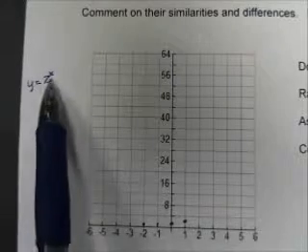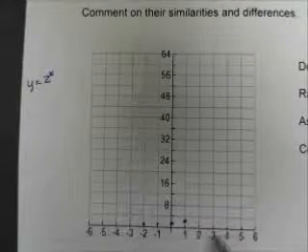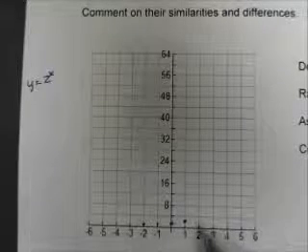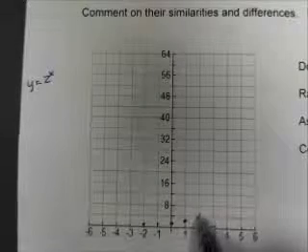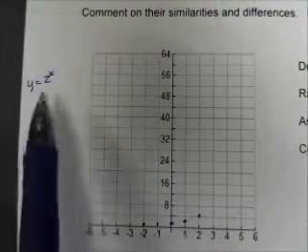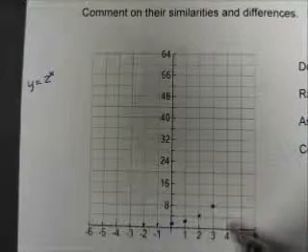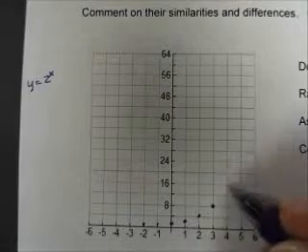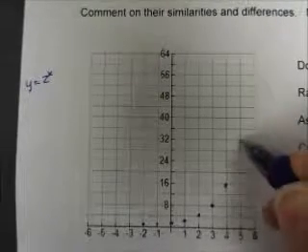If I put 3 in for x, well, I said 3, but I meant 2, so let me go back. If I put 2 in for x, I'm going to get 4. Put 3 in for the value of x there, 2 to the third is 8, so I'm jumping up to 8. If I put 4 in for x, 2 to the fourth is 16. 5 in for x, 2 to the fifth is 32.